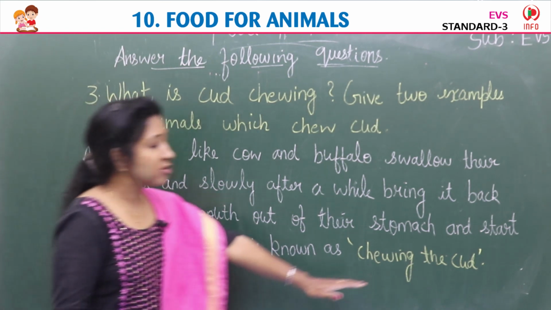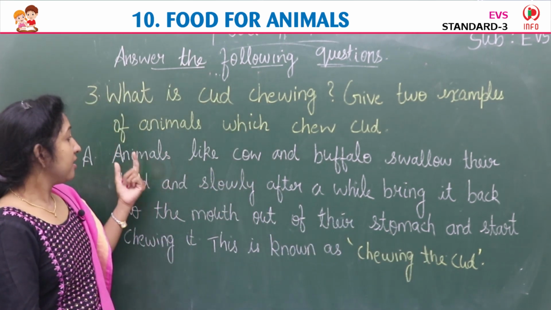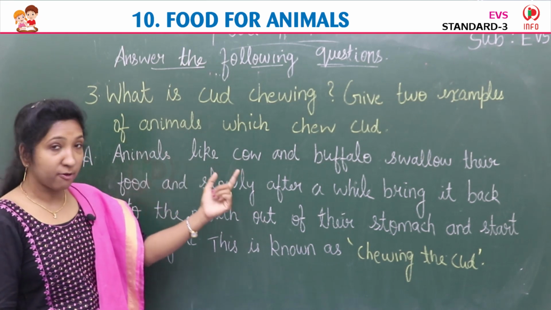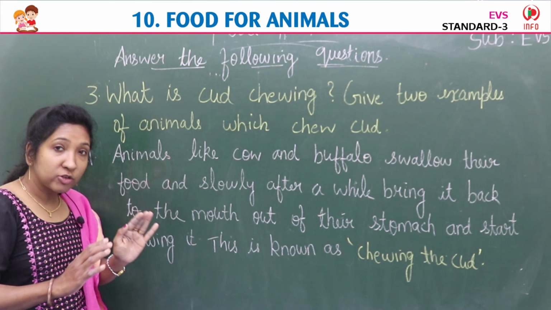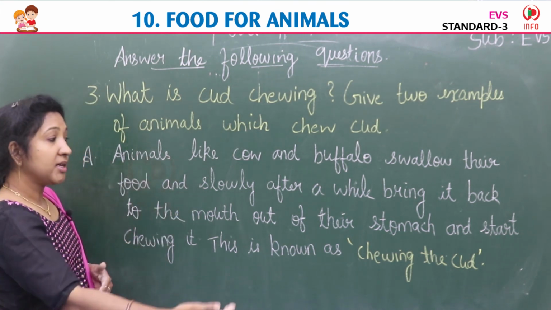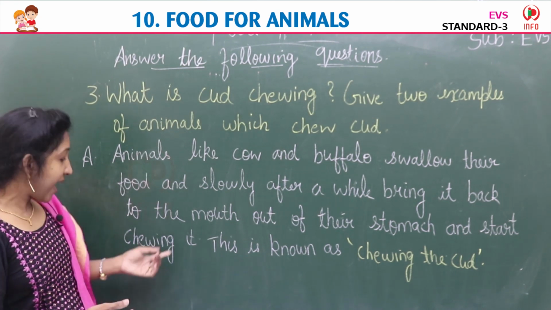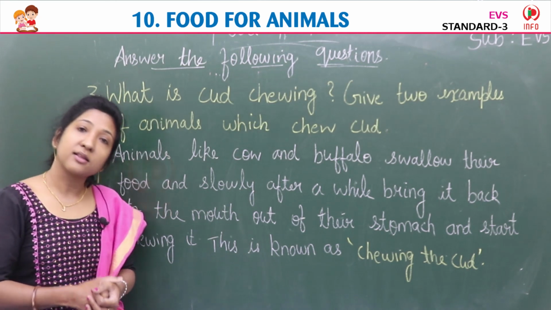This is known as chewing the cud. So what is chewing the cud? Animals like cow and buffalo swallow the food and slowly, after a while, bring it back to the mouth from the stomach and start chewing it. This is known as chewing the cud.